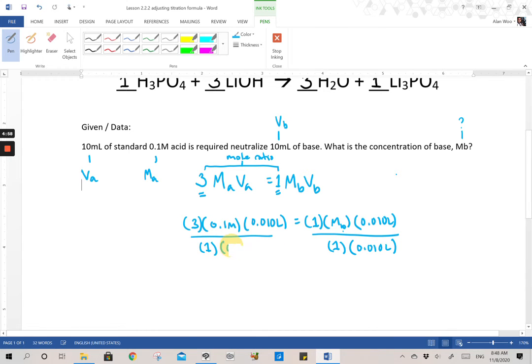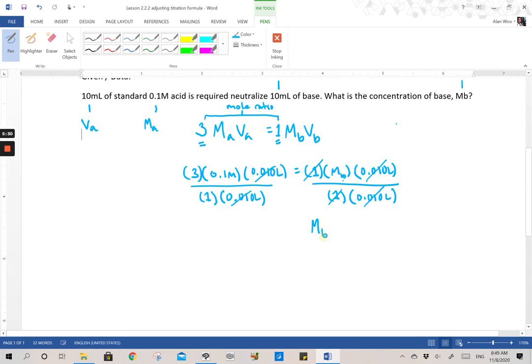And we'll notice that these cancel out. The volumes on the left-hand side, in our case, cancel out too. They won't always, but because we used equal volumes of acid and base, it makes it easier for it to cancel out.